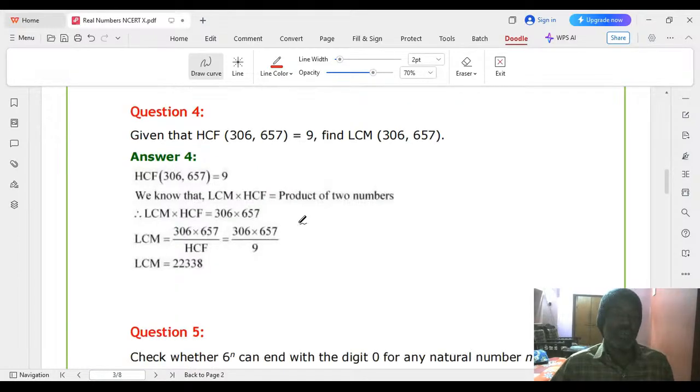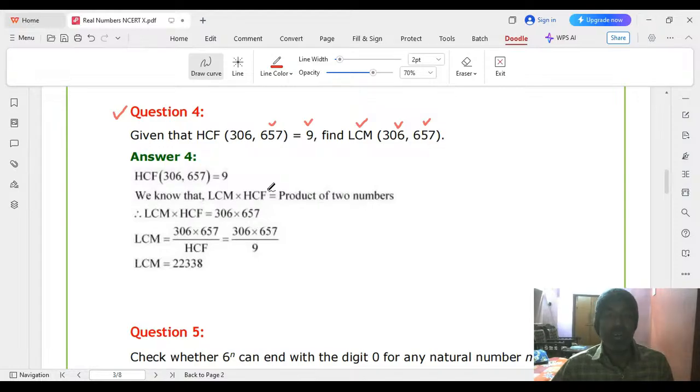In question number 4, we are given that the HCF of 306 and 657 is 9. Find the LCM of 306 and 657. So we recall the property: we know that LCM into HCF equals the product of the two numbers.